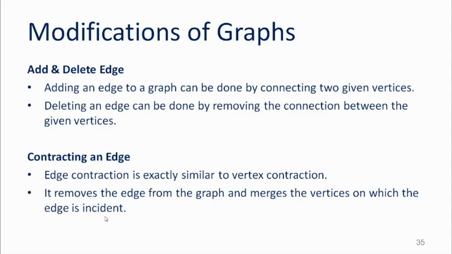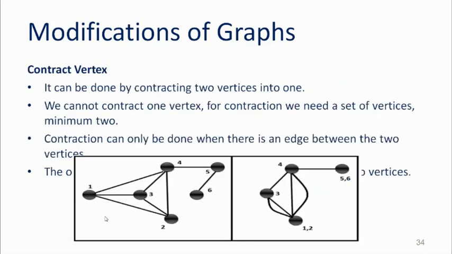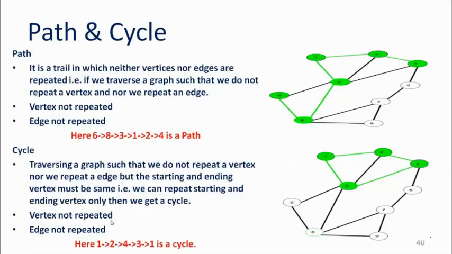While coming to the edge contraction, it removes the edge and merges the vertices on which the edge is incident. So if I remove this edge, then 1 and 3 can be combined. The incident vertices will be combined in case of edge contraction.